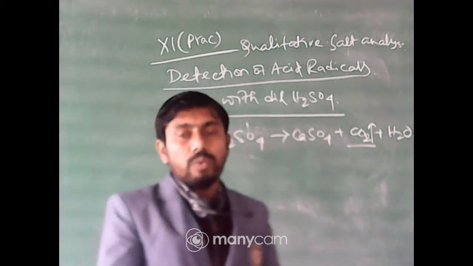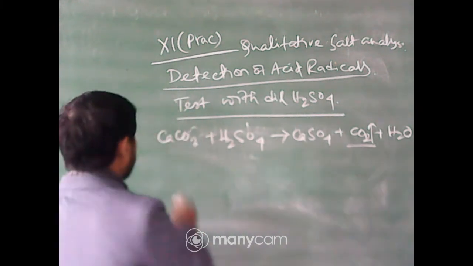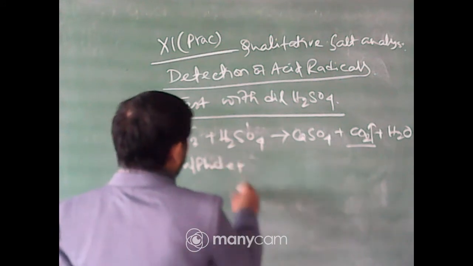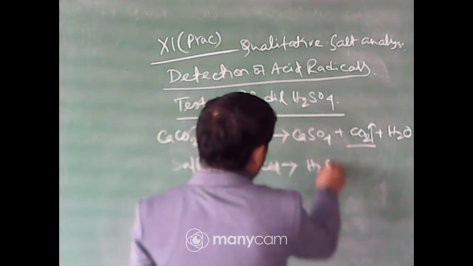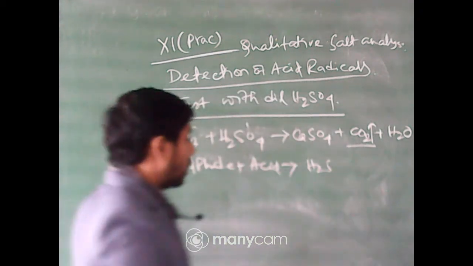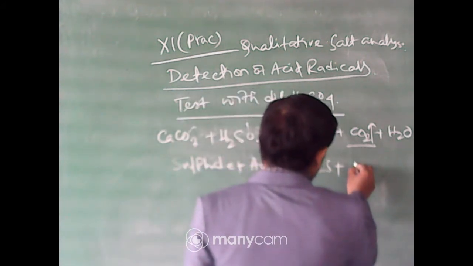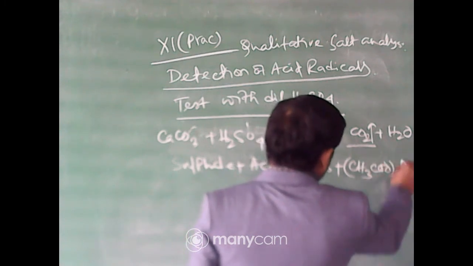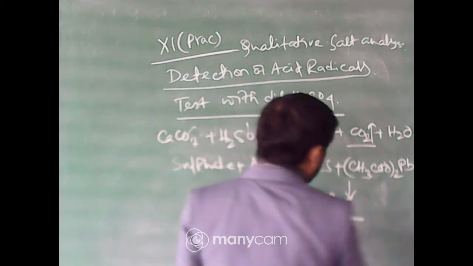Now you will see that at first I will take one sulphide sample. Acid will be added and the H2S gas will evolve. H2S has a characteristic smell, that is rotten egg smell. When H2S is passed through an acetate sample, suppose lead acetate, then a black precipitate of lead sulphide is formed.